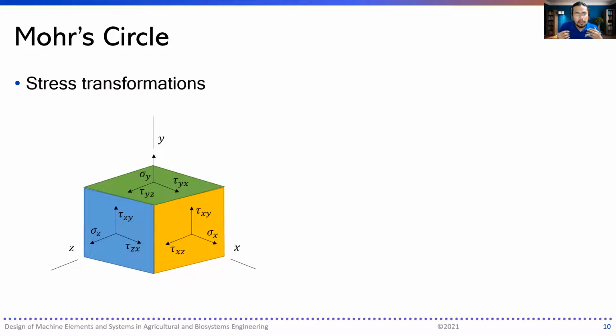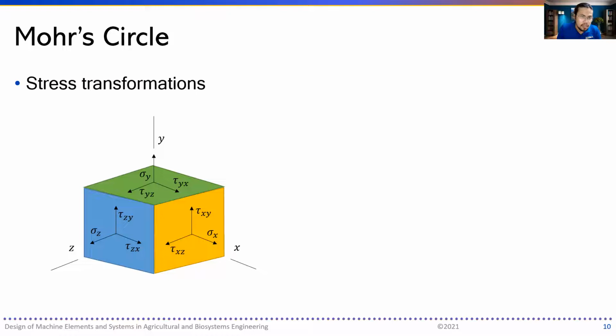Now, the Mohr circle is a technique that's used to determine combined loadings. But in this particular discussion, there's the stress transformations. And what does it mean? For a material as shown, this is a 3D infinitesimally small material portion of a certain body or a certain material.